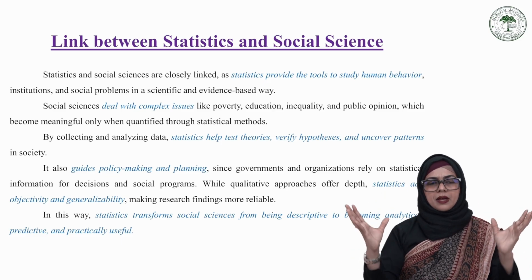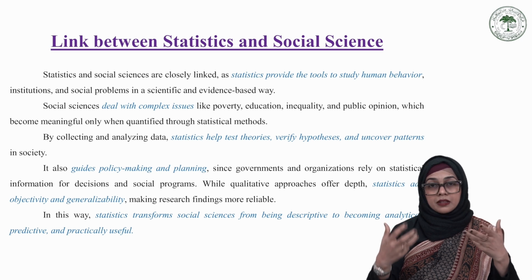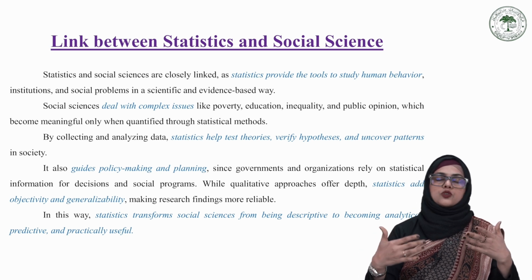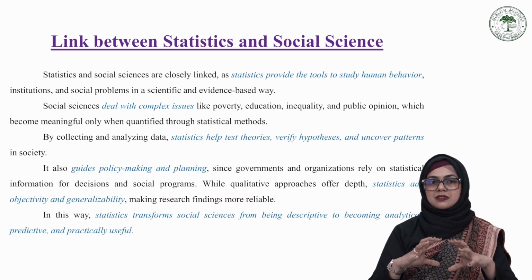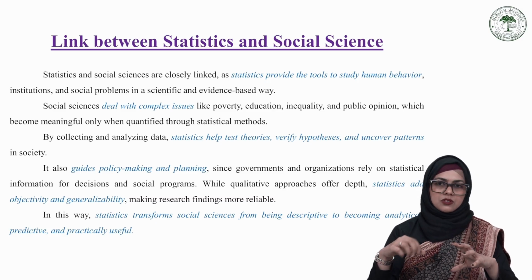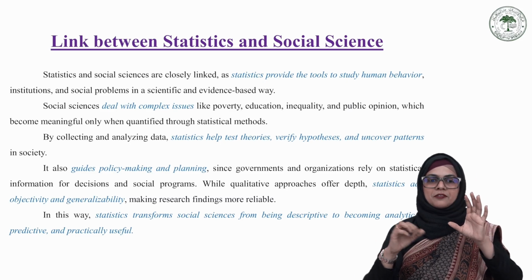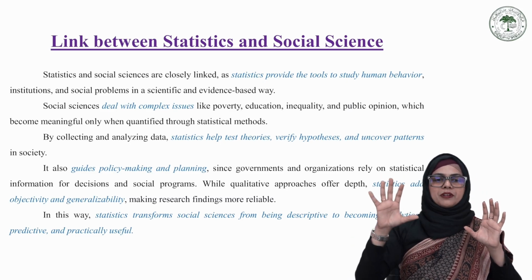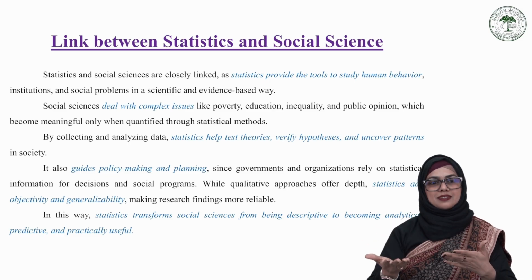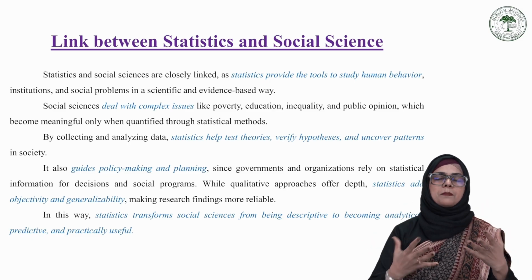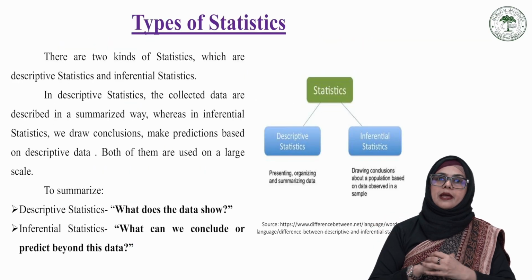All that can be applied to gather the information, and then the policymakers can decide whether to expand or modify the scheme. So you see how pertinent it is that statistics is used in the social science field. In this way the entire descriptive nature of social science is becoming analytical, predictive, and practical by the use of statistics.